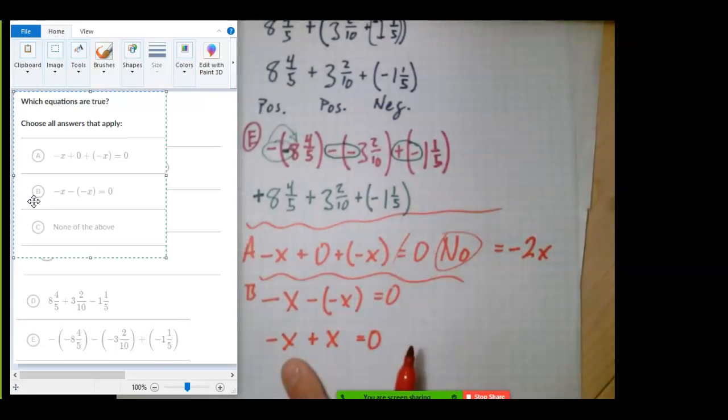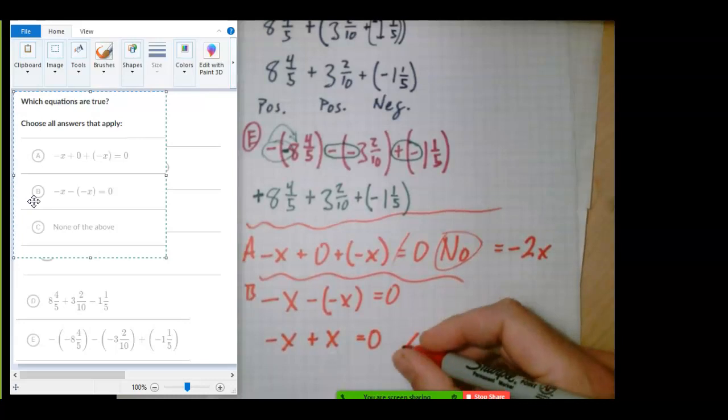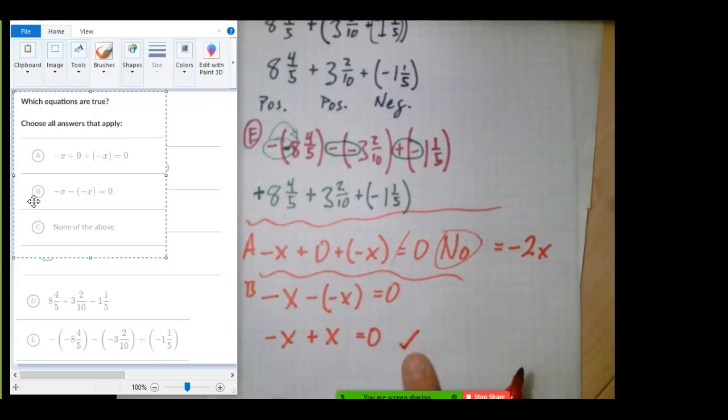And if we have a bad guy x plus a good guy x, does that become 0? Yes. So this does check out. A bad guy x plus a good guy x does equal 0. Questions on that one?